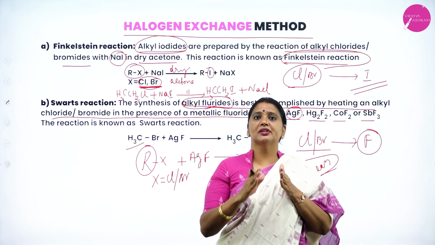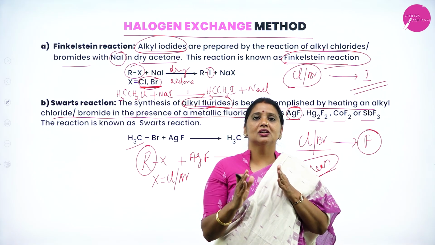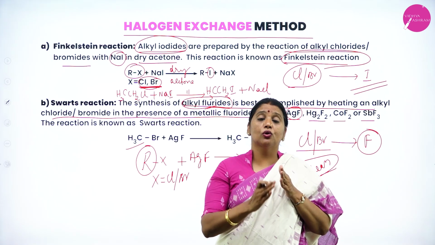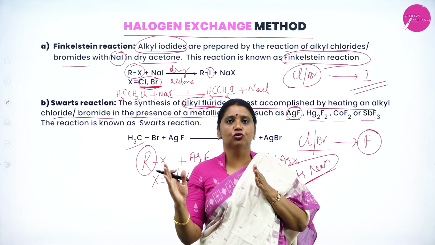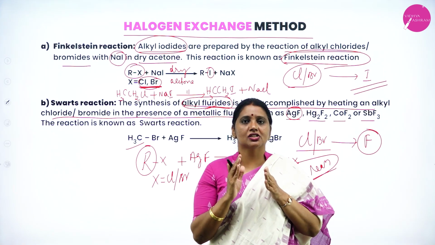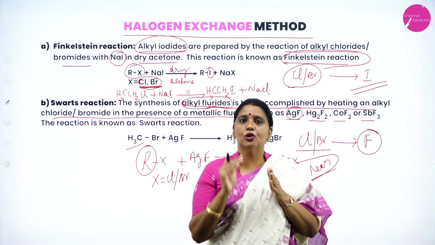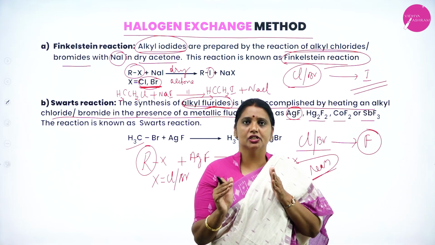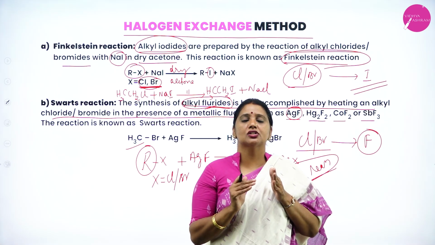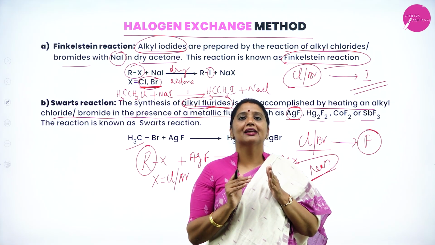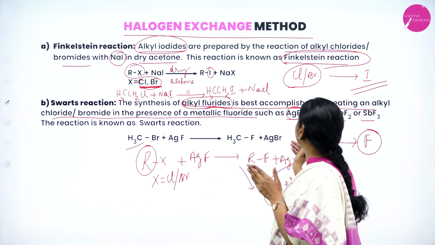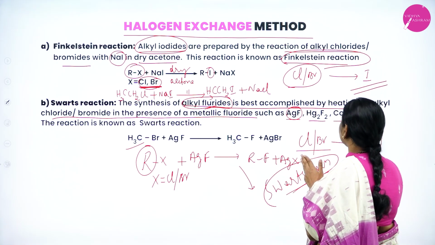If chlorine or bromine is replaced by iodine, it is called the Finkelstein reaction. If it is replaced by fluorine, it is called the Swarts reaction. In the Finkelstein reaction, you add sodium iodide in dry acetone, but in the Swarts reaction, you add metallic fluorides like AgF, Hg2F2, CoF2 and SbF3.